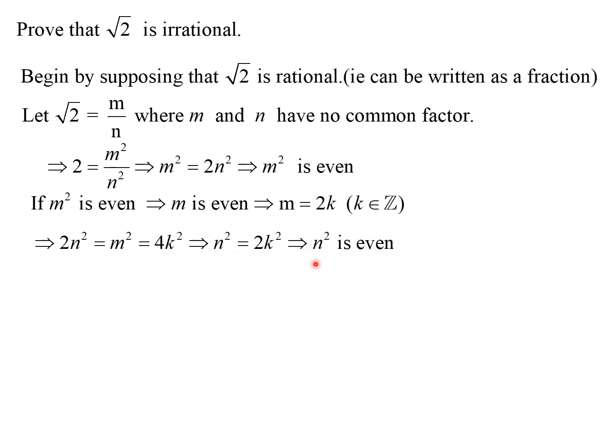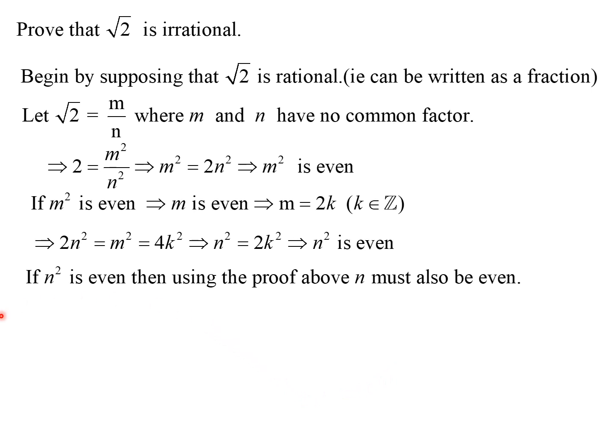All right, if m square is even and n square is even, they will definitely have a common factor of 2, right? But initially we claimed that m and n have no common factor. So this very clearly shows that if n square is even, then using the proof above, n must also be even.